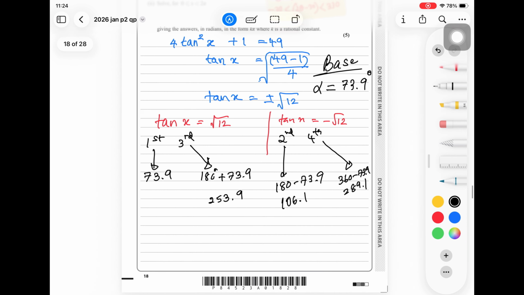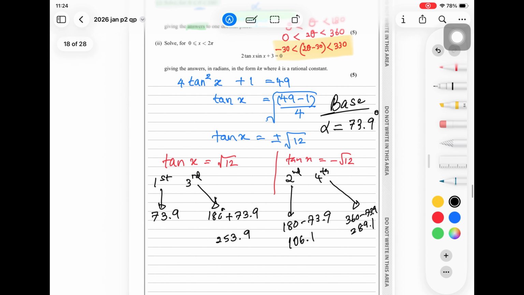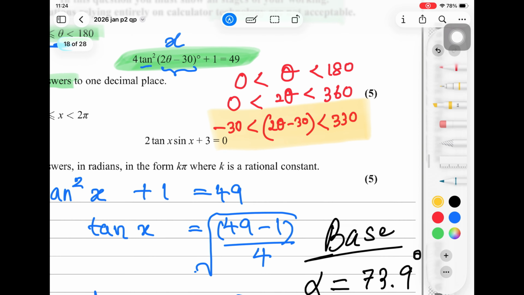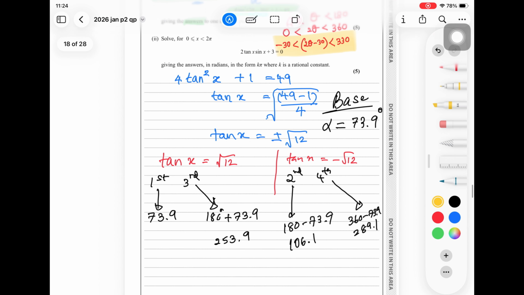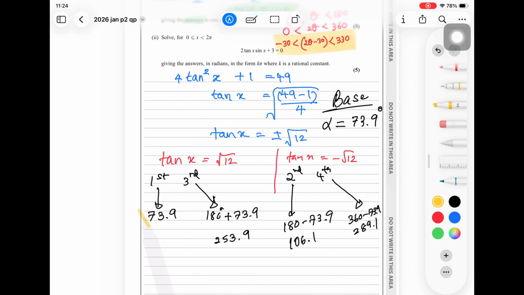So accordingly, when we check our range, which is -30 to +330, almost all the values are similar, but let's highlight the values which are correct, this and this, and yes, all four are going to be in that range.